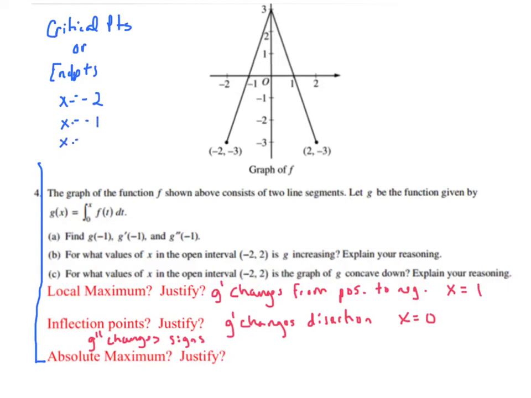We'd need to check 1, and we need to check 2. Now you'll notice I said absolute maximum, so I'm going to put a little dot here because -1 you wouldn't actually need to check because it's a local minimum. So you can't be an absolute maximum and a local minimum. I'm going to check all of them because you may be asked to do an absolute minimum, so it would be good practice, but you wouldn't need to check it in this case.